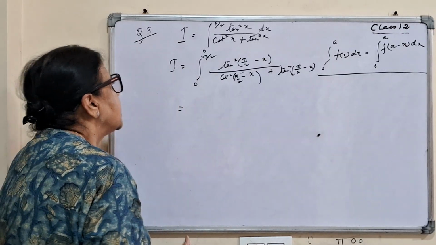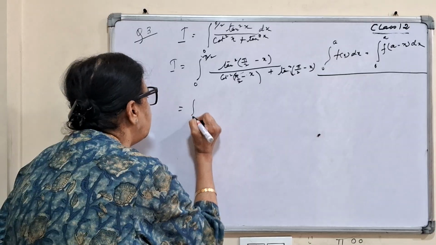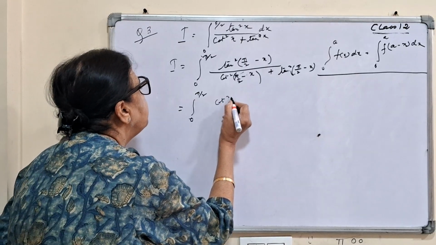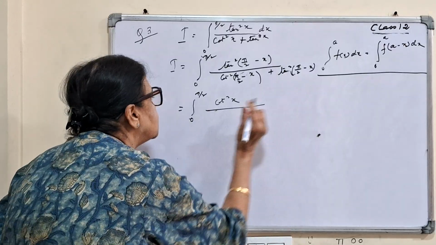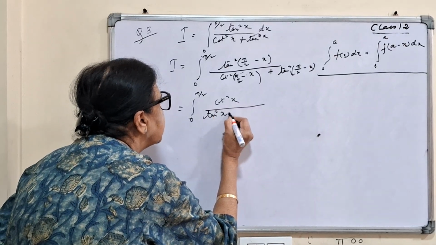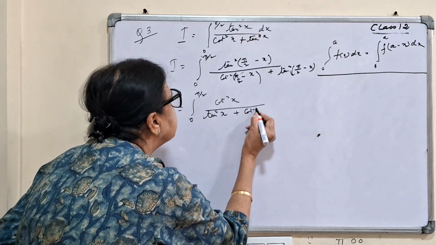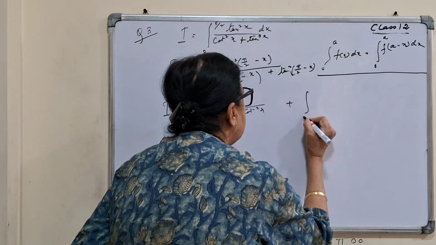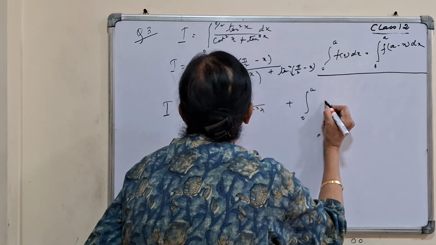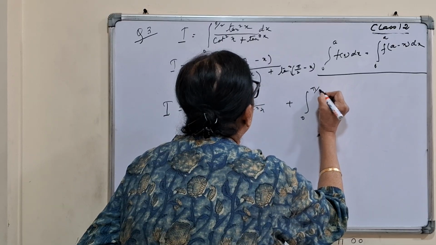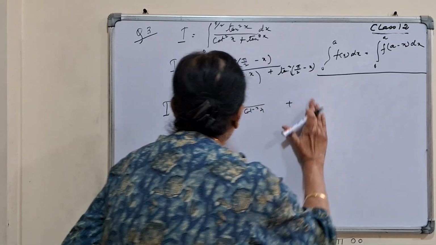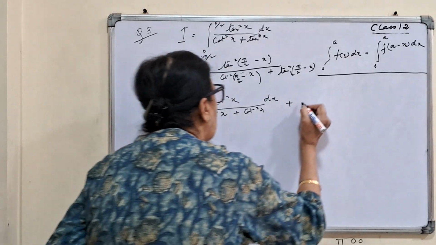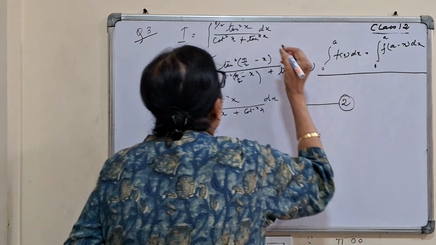Now it will be the integral from 0 to pi by 2 of cot square x divided by (tan square x plus cot square x) dx. Let's add 1 and 2.